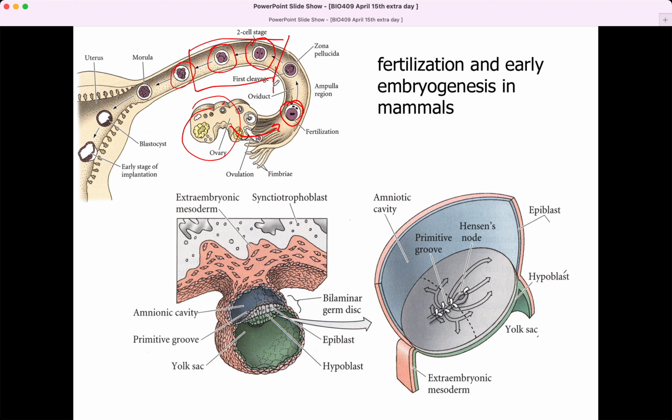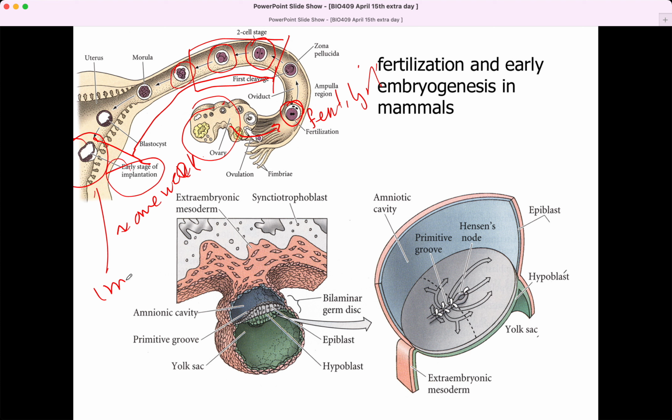And in humans, there's a varying length of time, we could say about 1 week, from fertilization to implantation. So when the embryo reaches the uterus, the embryo implants in the uterine wall and develops there.